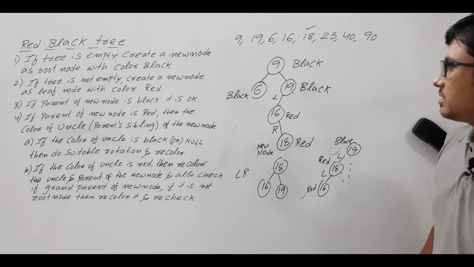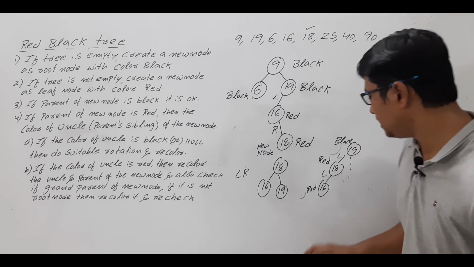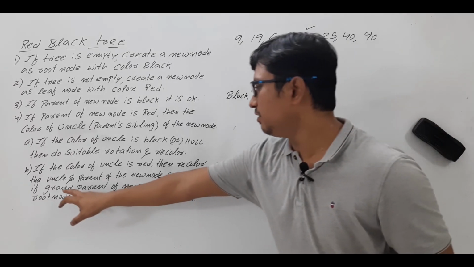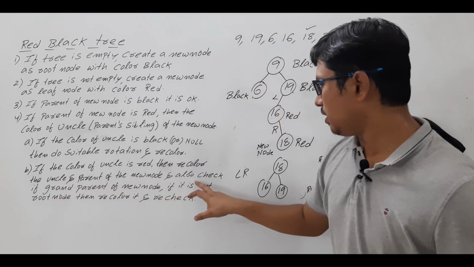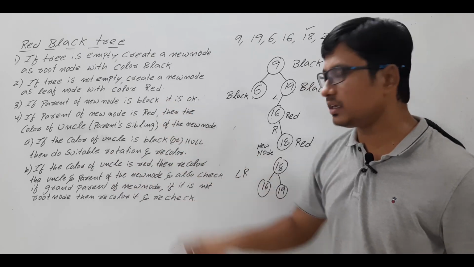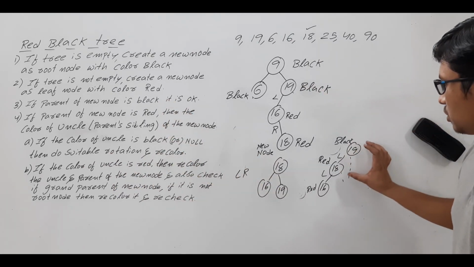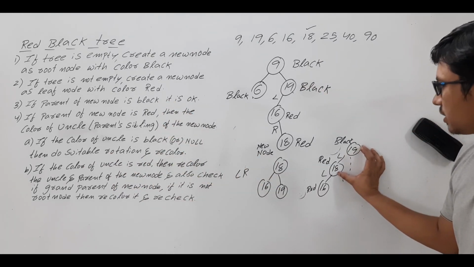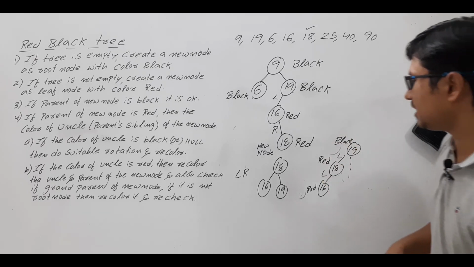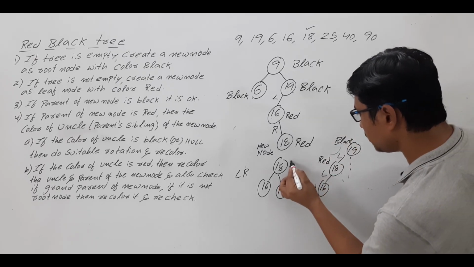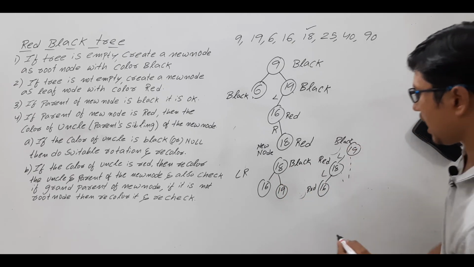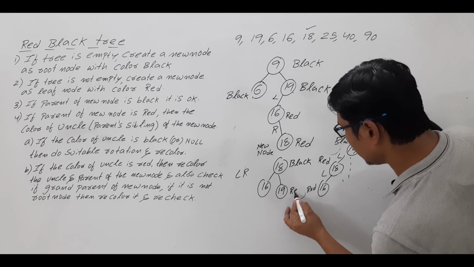And 16 color is red. Now you need to recolor these. Do the suitable rotation and recolor. So you need to do the suitable rotation and recolor this one. Red and black: this is red, you need to make it black, and 19 is black, you need to make it red.